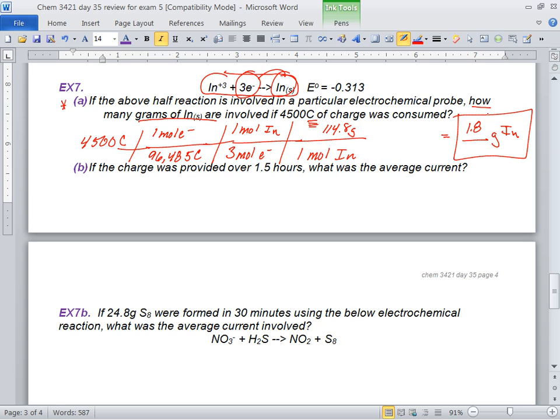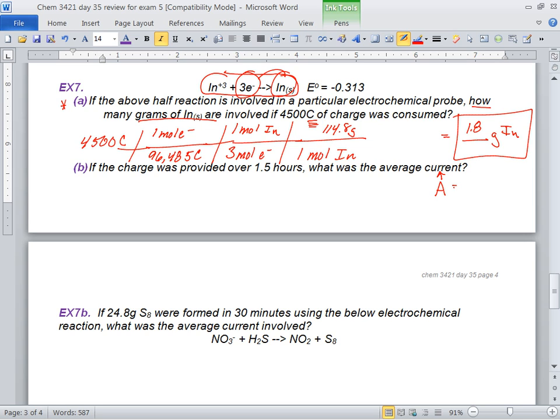How do you do B? Since this is a review, let's just review a couple things. What really helps me in this stuff is to know the units. Current has what unit? Big A, for amps.